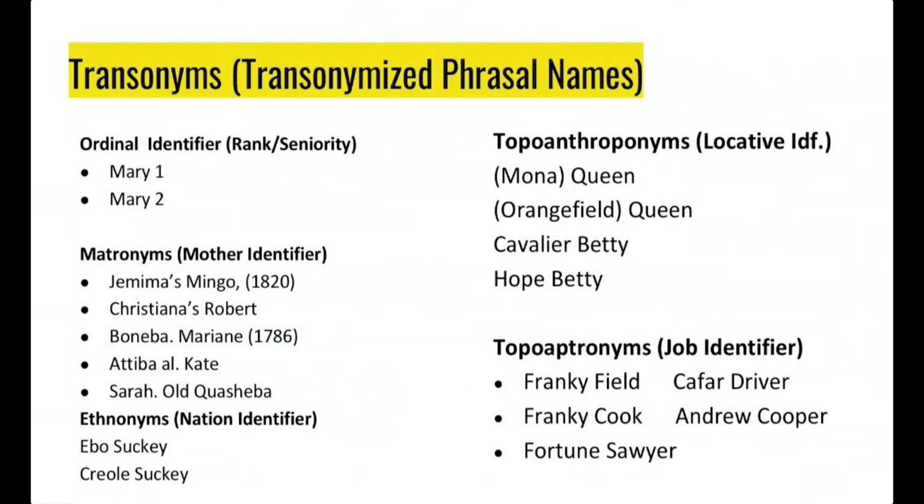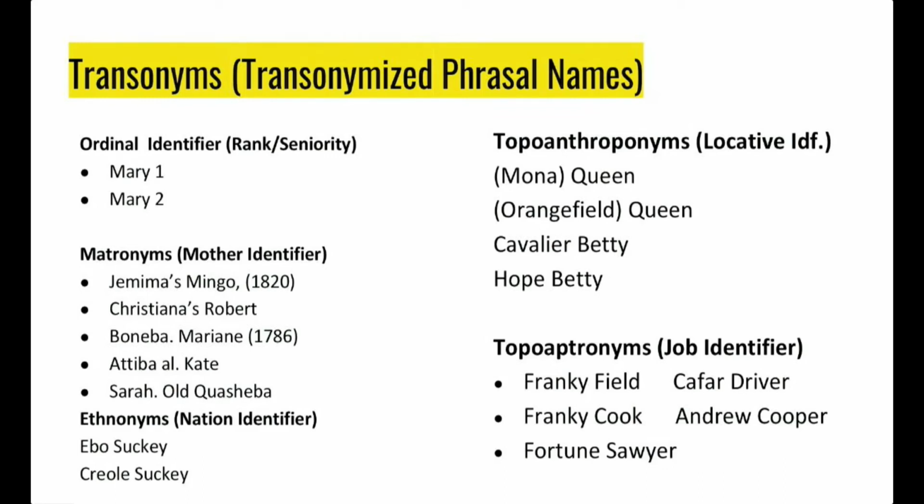I call them transonyms because they are trans-onomized forms, and basically they refer to matronyms and ethnonyms and ordinals and topoanthroponyms and so forth. So people were distinguished by matronyms, which were certainly something to note: Jemima's Mingo, Christiana's Robert, Beniba's Maria, and so forth.